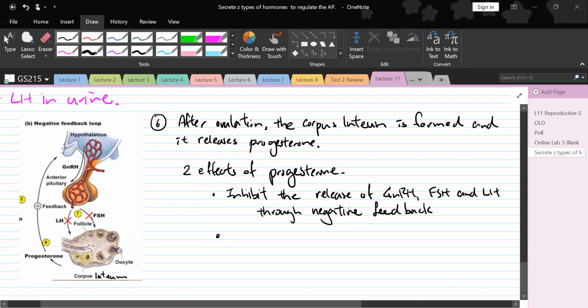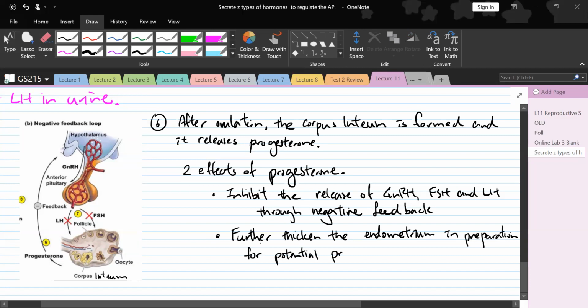And number 2, it will further thicken the endometrium in preparation for a potential pregnancy.